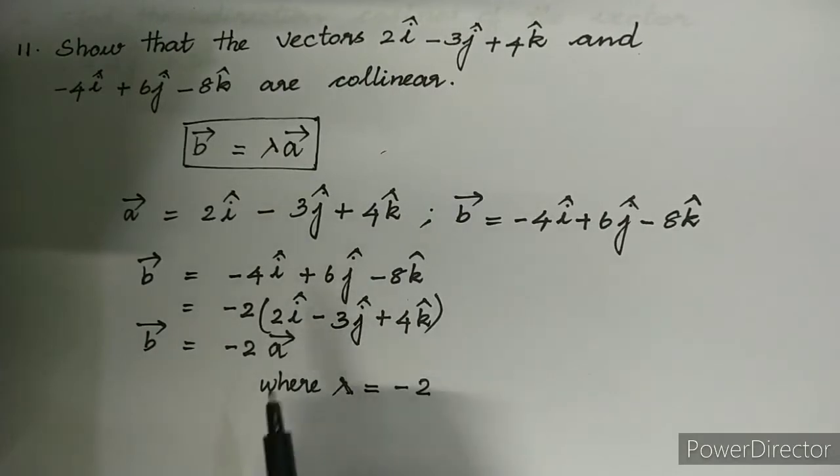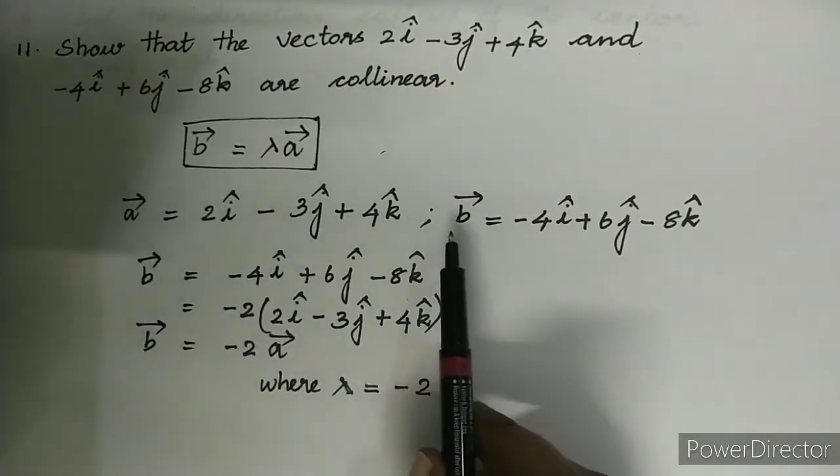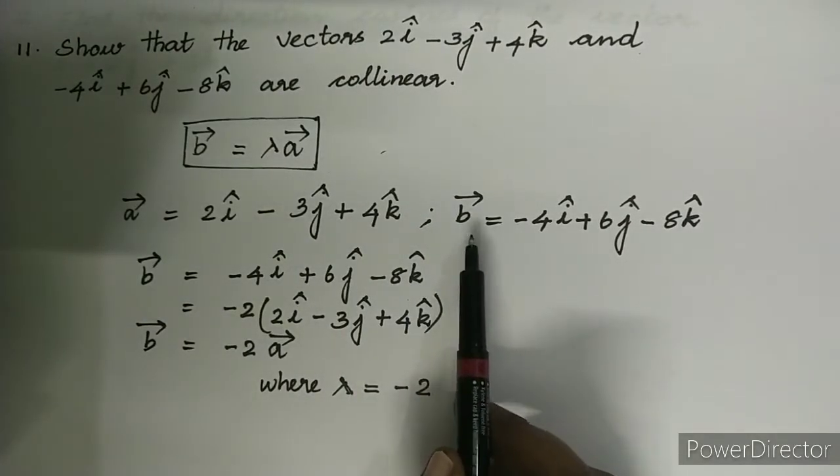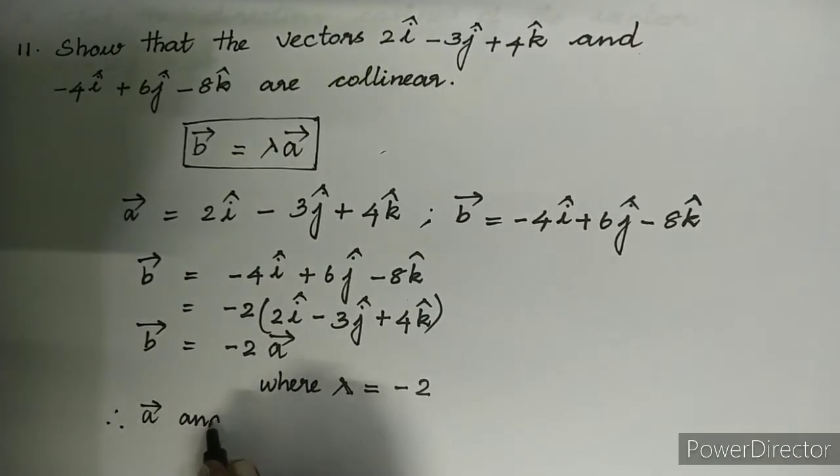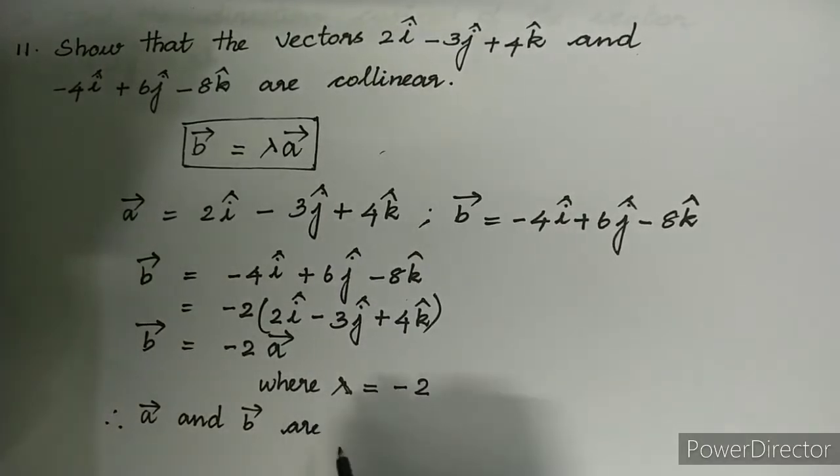So our vectors a vector and b vector are collinear. So we can conclude that our vectors a vector and b vector are collinear.